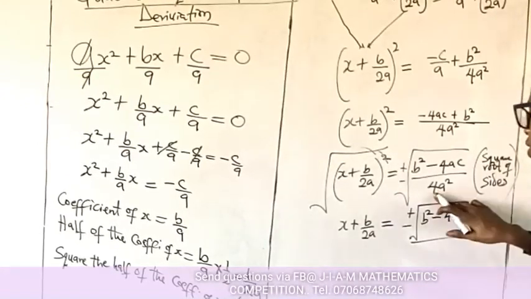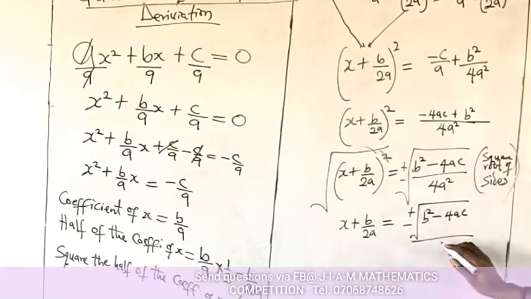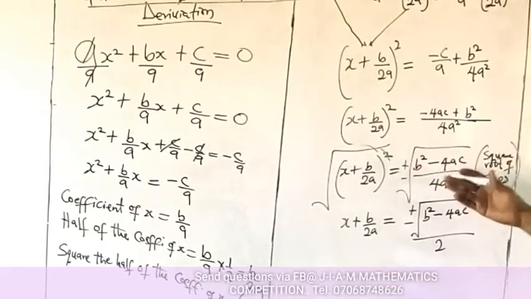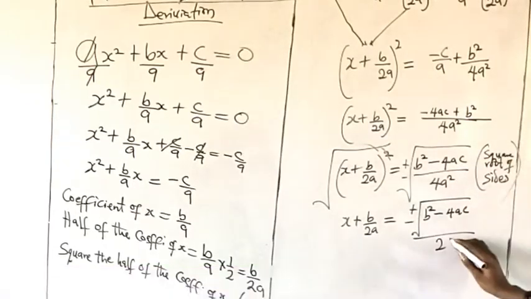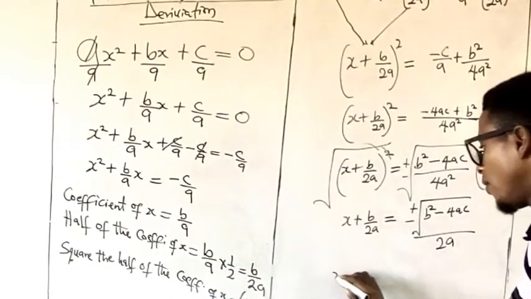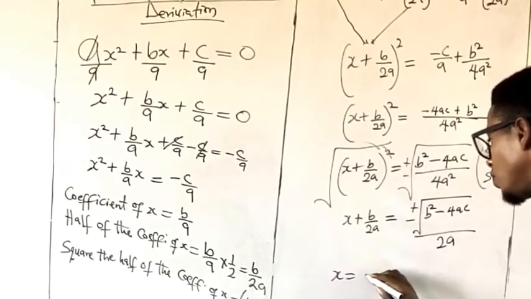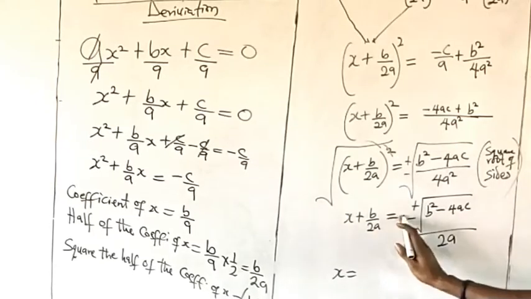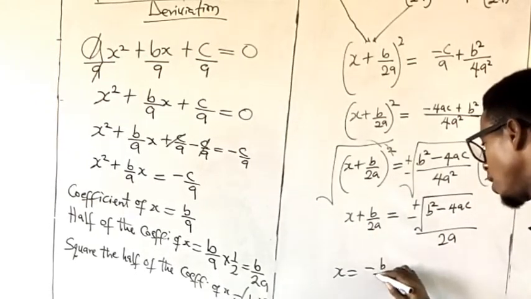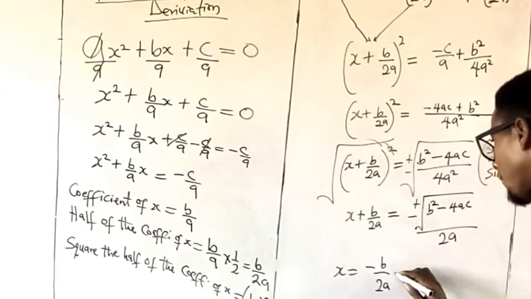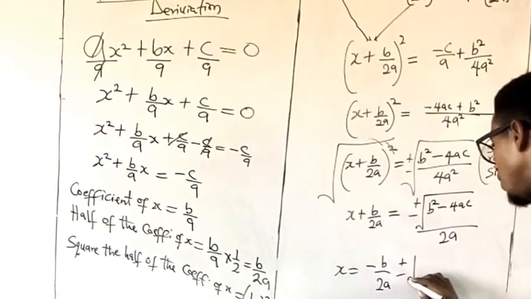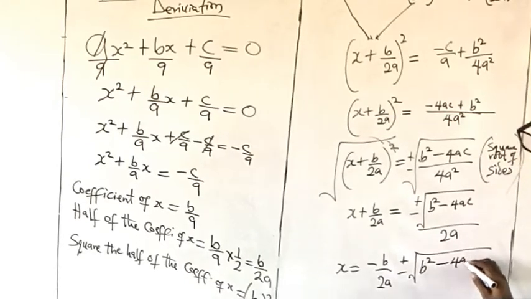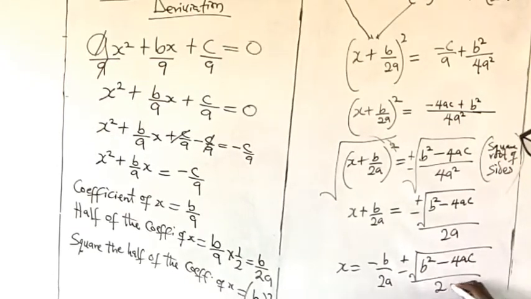Now we can take the root of 4, which is 2. The root of 2a squared, for sure the square takes away the root, so that's 2a. Now x is equal to, collecting like terms, moving b across to the other side, minus b all over 2a plus minus root of b squared minus 4ac all over 2a.